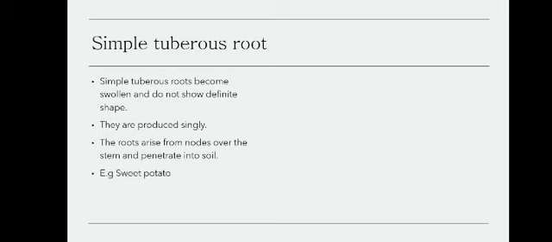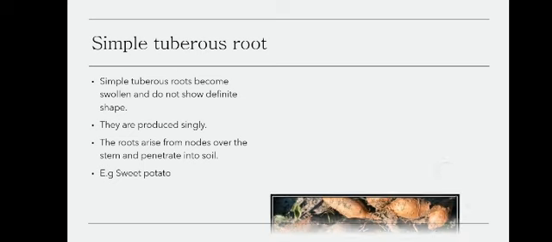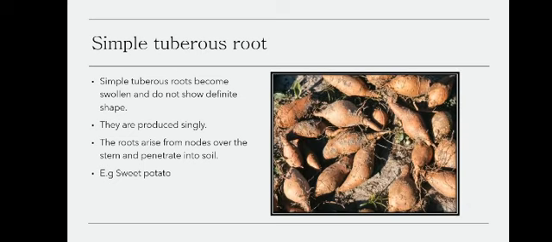In sweet potato, the tuberous roots become swollen and do not show a definite shape. Circular, round, triangular, they do not show any definite shape. They are produced singly, not in a bunch. Here is the picture of sweet potato.